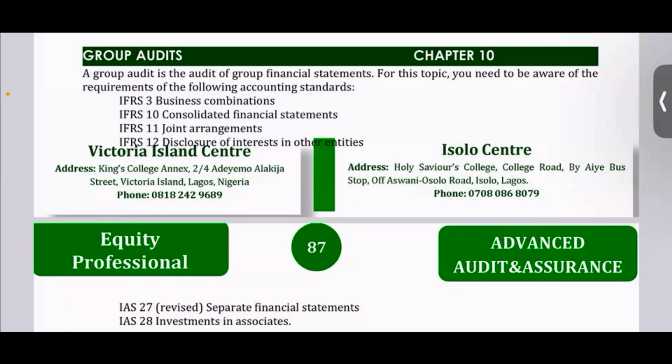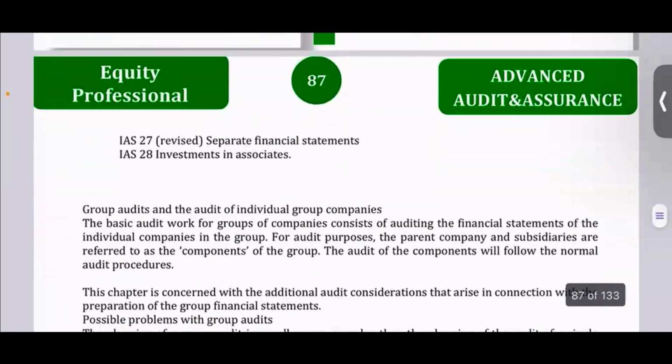We need to be aware of the accounting standards that relate to a group. Business combination is talking about what exactly makes up a group. Consolidation is the concept of preparing joint financial statements. Joint arrangement covers other arrangements that may not be a group but are closely related to a group. Disclosure of interest in other entities: if you have a subsidiary, or an investment in an associate, or you are a subsidiary of a group, it's important that it is expressly stated in your reports.